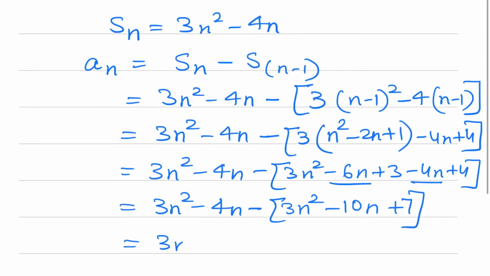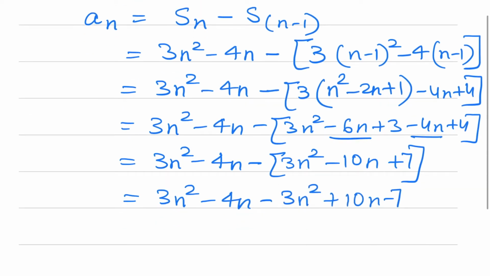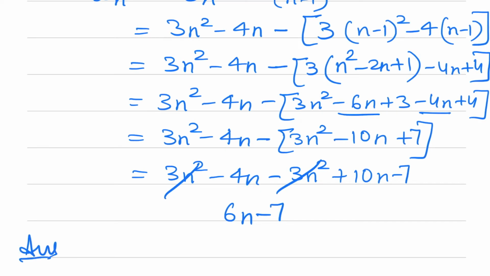This is equal to 3n square minus 4n minus 3n square plus 10n minus 7. 3n square minus 3n square gets cancelled. 10n minus 4n will give me 6n minus 7. Therefore answer, nth term or an is equal to 6n minus 7.